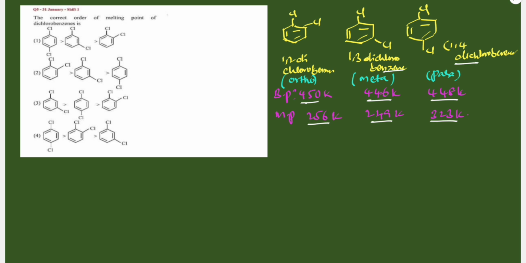The higher melting point of the para isomer is due to symmetry.